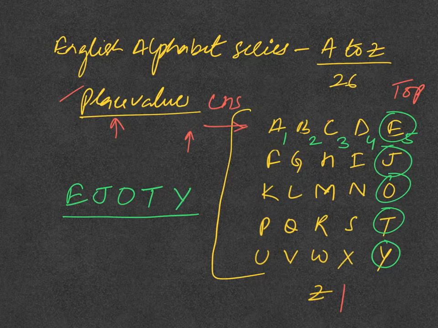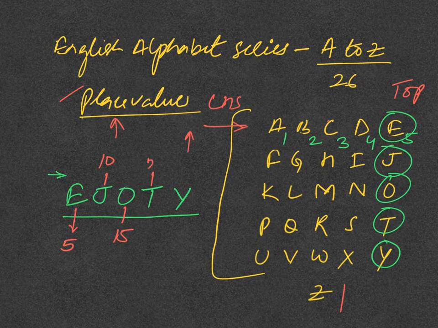Each letter of this word is a multiple of 5 from the left hand side towards the right hand side. If I say what is the value of E, it will be the first multiple of 5, that means 5. What will be the value of J? Second multiple of 5, 10. Similarly O, 15, T, 20, Y, 25.